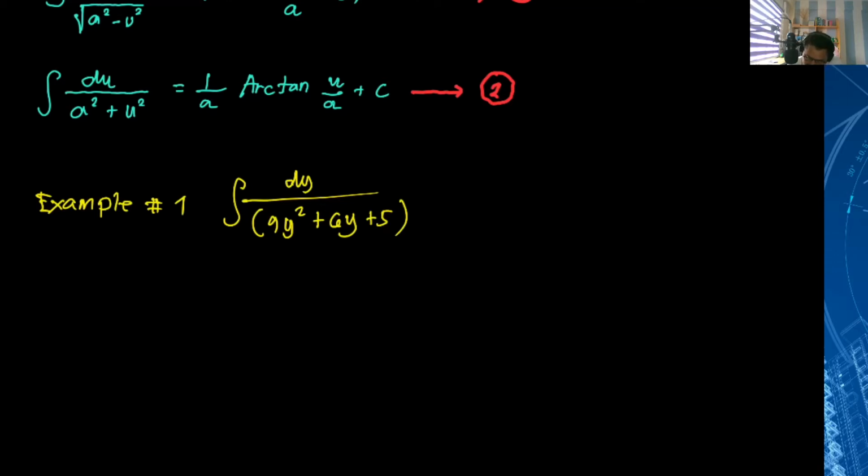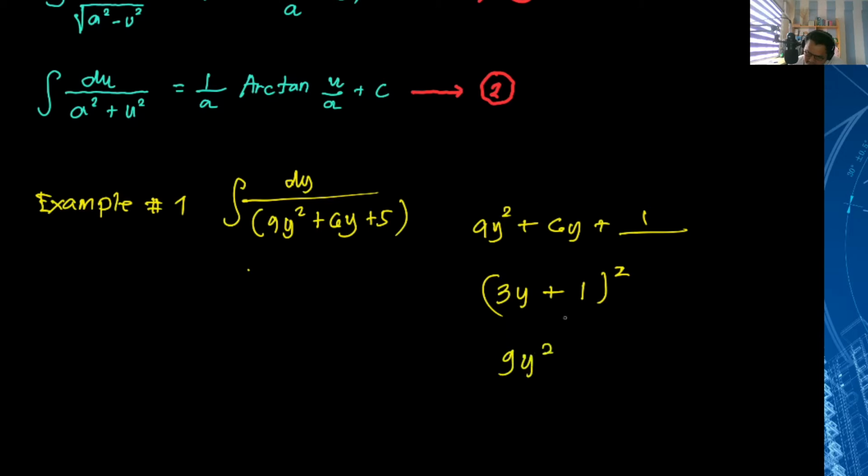All I have to do is inspect what constant would transform this into a perfect square. If I have 9y squared plus 6y, what should be the constant for this to be a perfect square? Let's try 1. Therefore, this becomes 3y plus 1 squared. Applying the binomial theorem, square the first term, 9y squared, twice the first and second terms, 6y, and square the last term, 1.